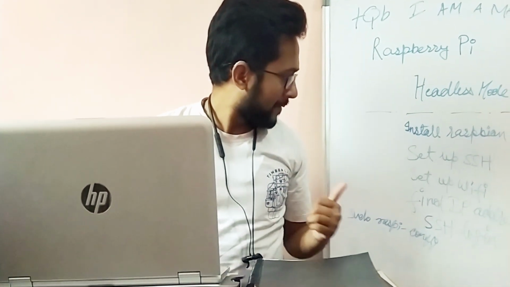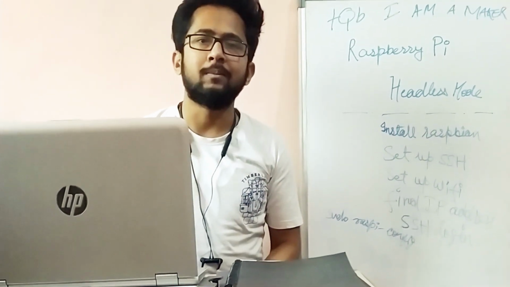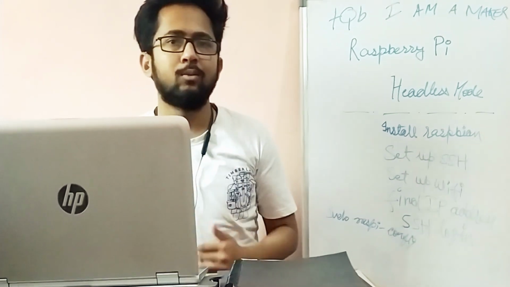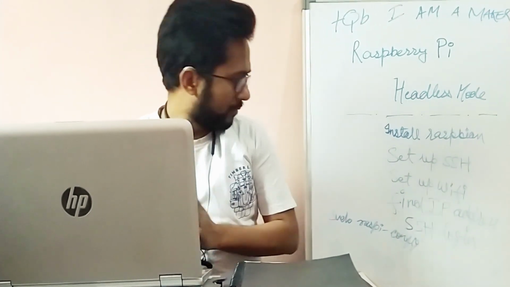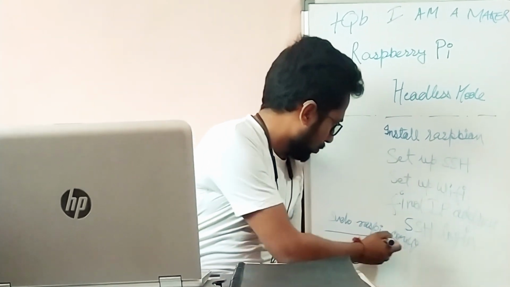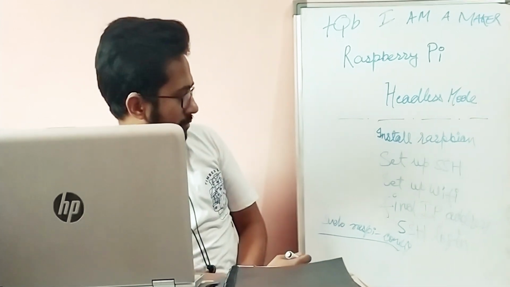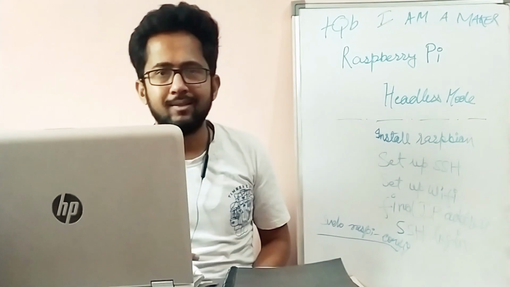but in CLI mode. After doing that SSH login, you have to enter the username as pi and password as raspberry, and after that you get access to the Raspberry Pi. Then in the terminal you have to enter sudo raspi-config. The command will be given below in the description.